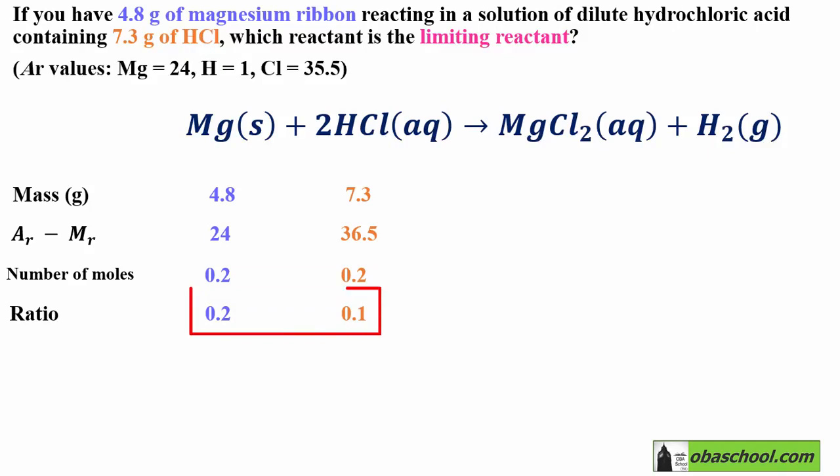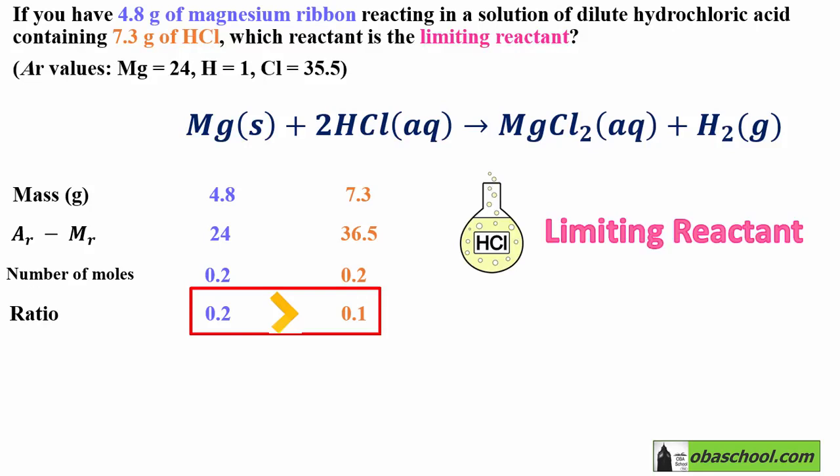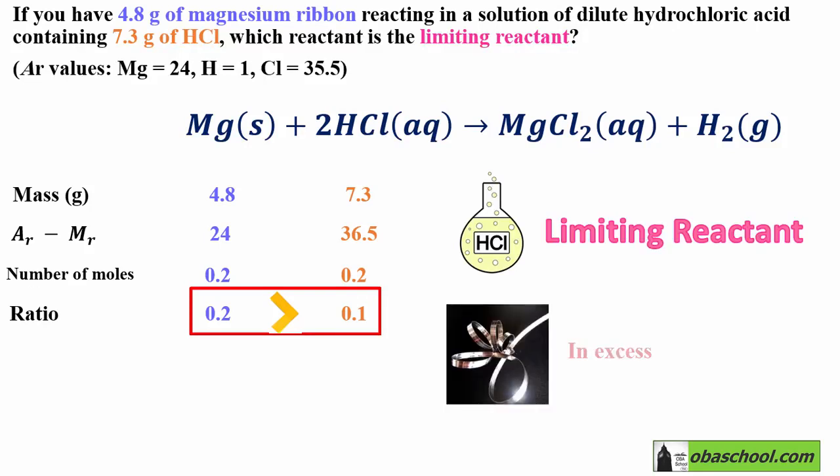Now compare the ratio. Which ratio is smaller? Excellent. The ratio of HCl is smaller, and thus HCl is the limiting reactant or the limiting reagent, and magnesium is in excess. You can also think about it in this way.